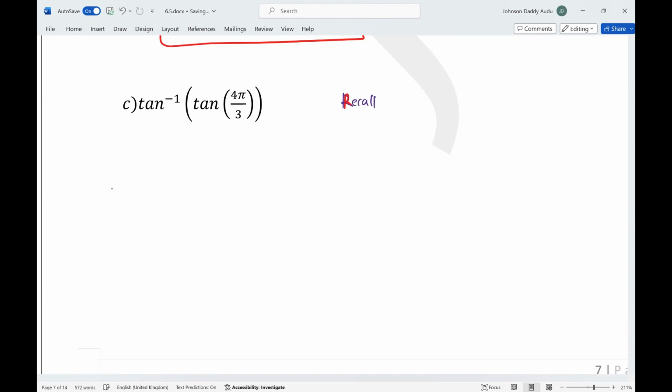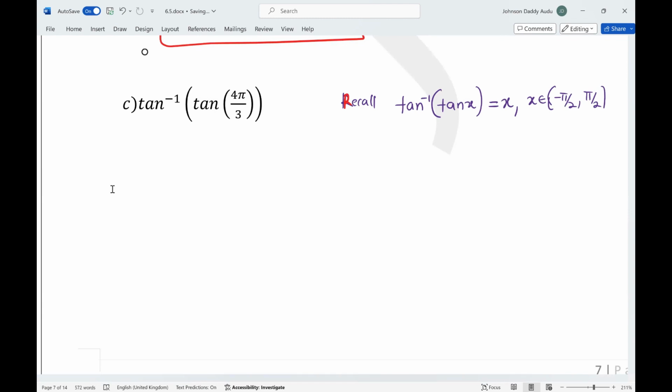We know that if you have tan inverse of tan x, this is equal to x when x is inside the domain of tan. And remember, the domain of tan we considered is only from minus pi over 2 to pi over 2.